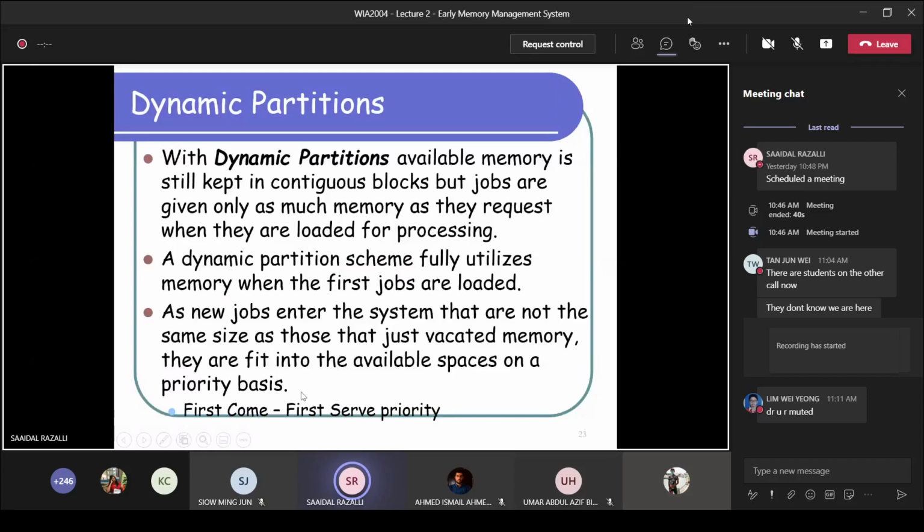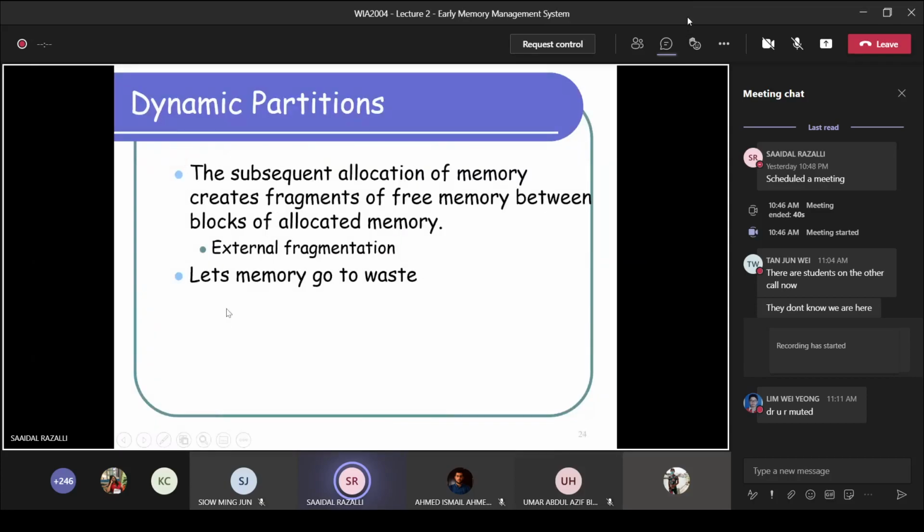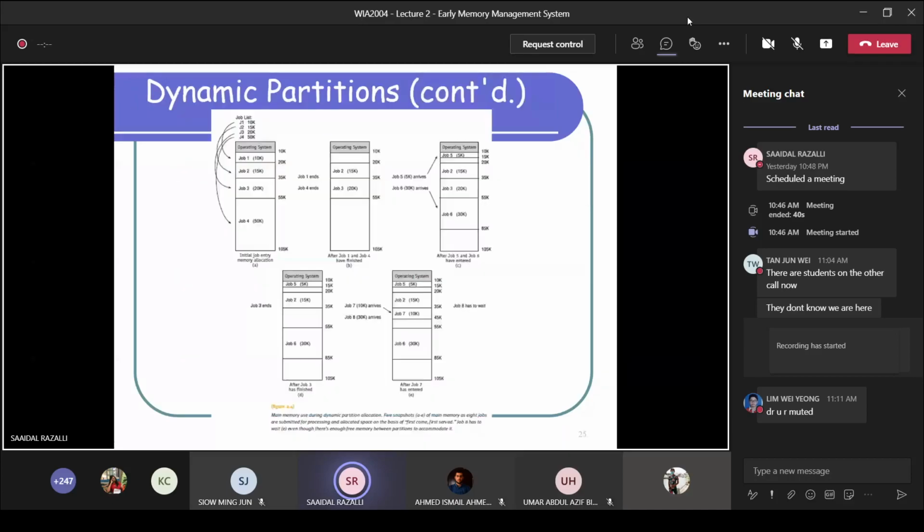So dynamic partition is based on first come first serve priority. The subsequent allocation of memory creates fragments of free memory between blocks of allocated memory, which we call external fragmentation. You will see examples after this. Less memory goes to waste, but it's not as wasteful as a fixed partition.